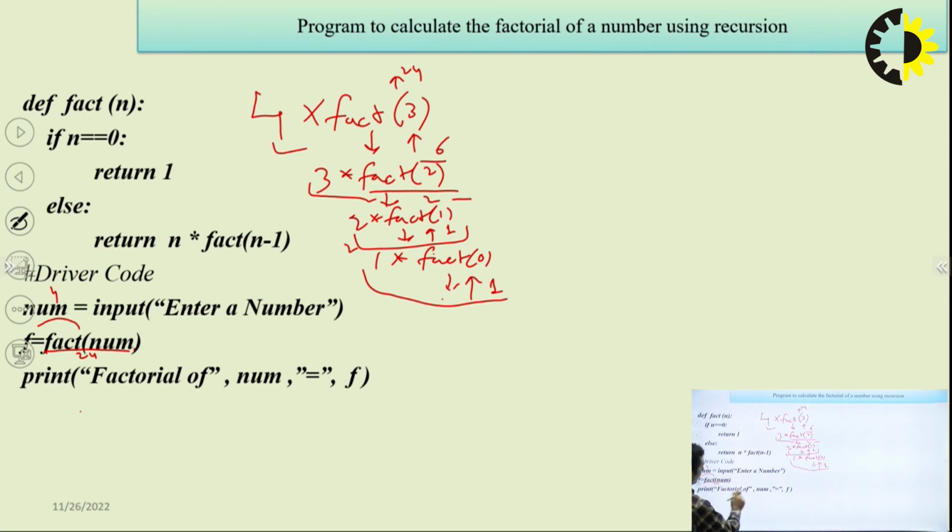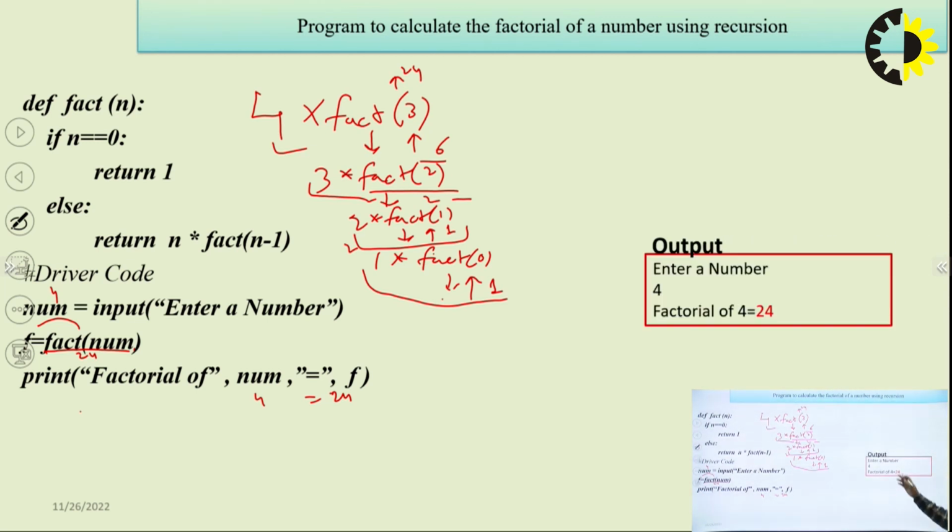So the factorial of 4 equals f, which is 24. So this is a recursive technique. Now moving forward, we get the output: enter the number, we enter 4, and the factorial of 4 equals 24.